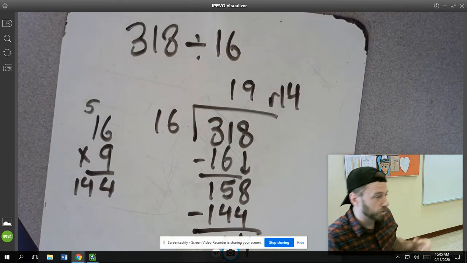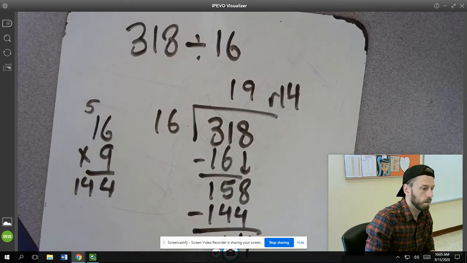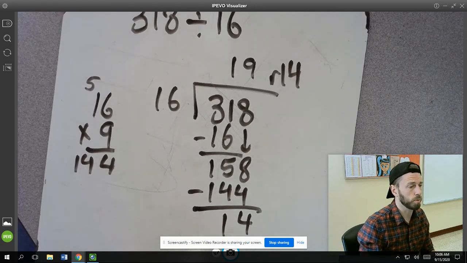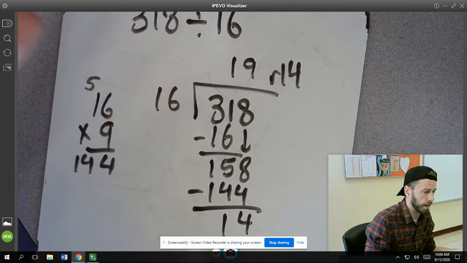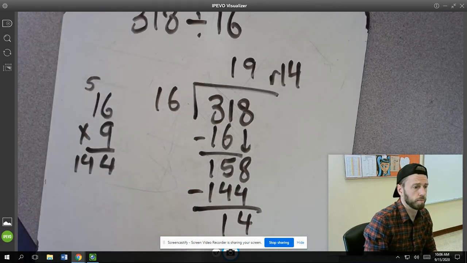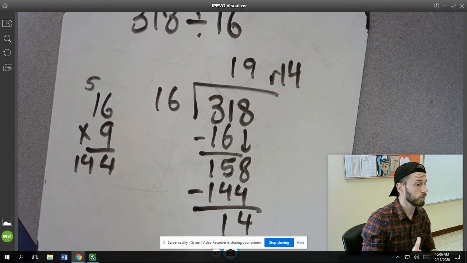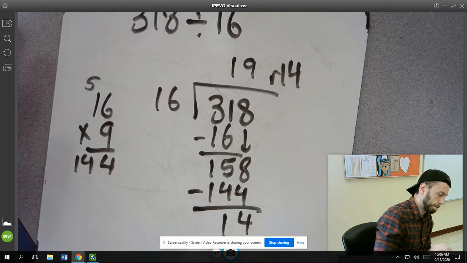We're going to get into what it means to have a remainder and how we're probably not ever going to really worry about that anymore. When we get to decimals, we won't have remainders. But your answer for our purposes right now will be 19 with a remainder of 14. So 16 will go into 318, 19 times with 14 left over.